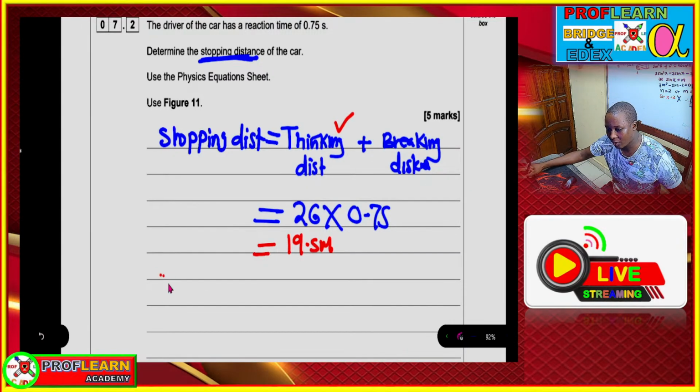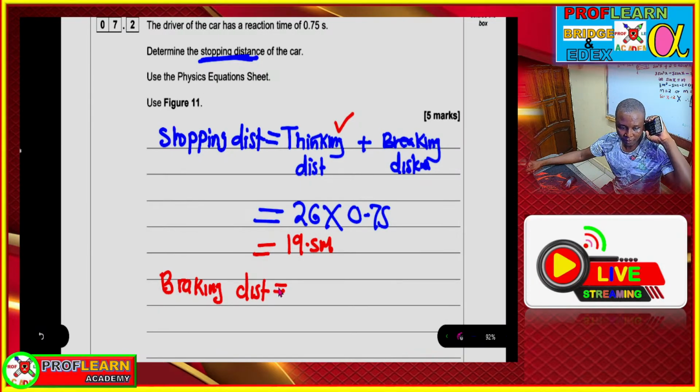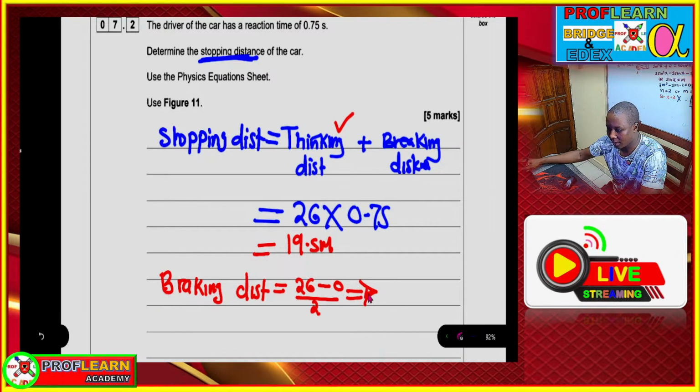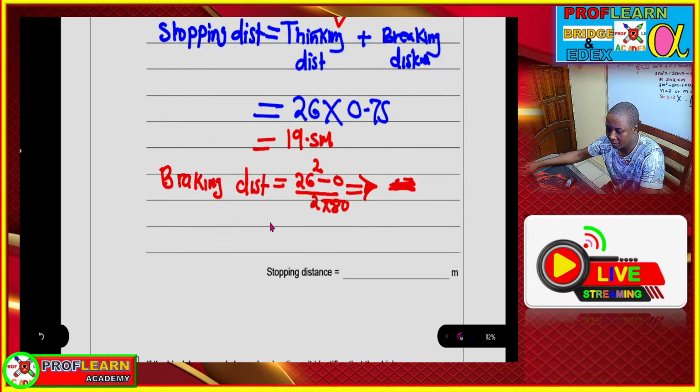So we need also to work out braking distance. Braking distance is going to be 26 minus 0, squared, over 2 times 8.0, and this is going to be the total braking distance.